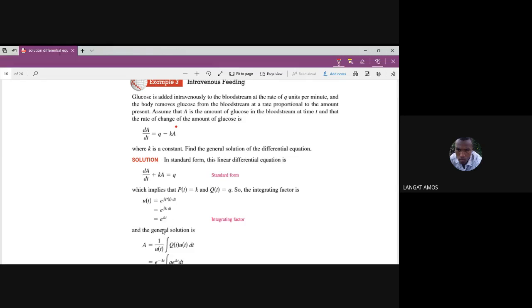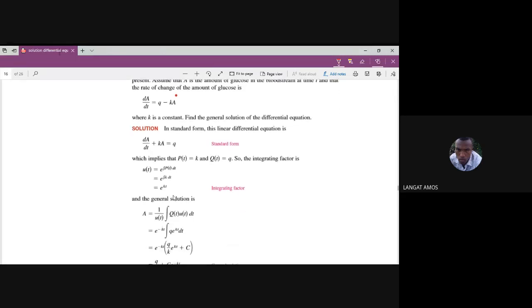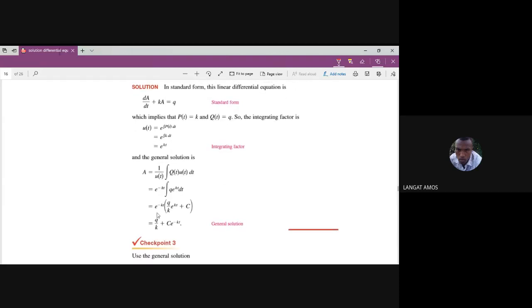The general solution is 1 over u(t), then integrate q(t) u(t) dt, where q(t) was small q and u(t) we found to be e^(kt). One over this will be e^(-kt). You integrate this: whenever there is a constant, you get Q e^(kt) over k plus c.